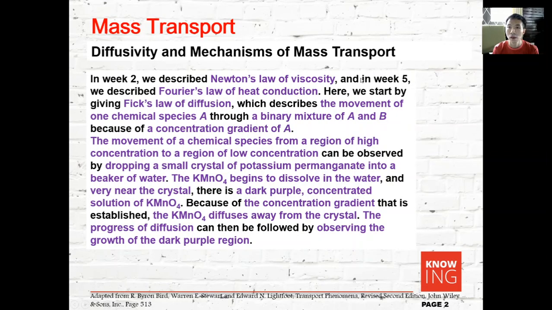Here, we will talk about Fick's law of diffusion in the same way that we discussed Newton's law of viscosity in week 2 and Fourier's law of heat conduction in week 5.